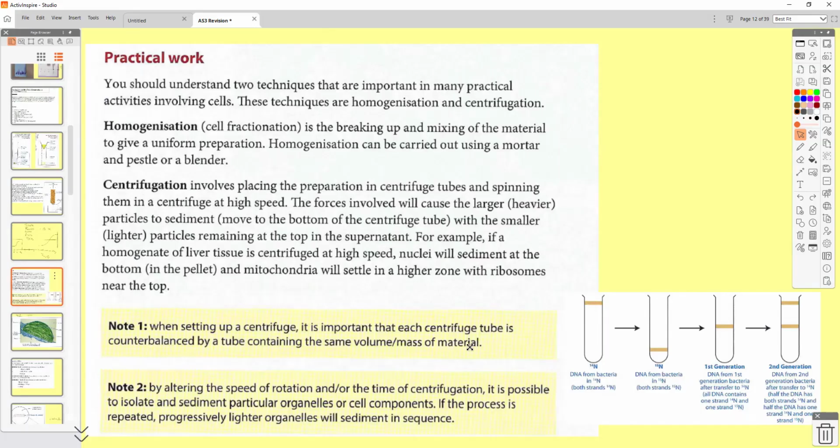You would have come across centrifugation when talking about Meselson and Stahl's experiment. Things that are light tend to stay at the top. Things that are heavy go to the bottom. Things in the middle, as you can see, that band in the middle there is in between that density or the heaviness, if you like, of the light and the heavy bands.